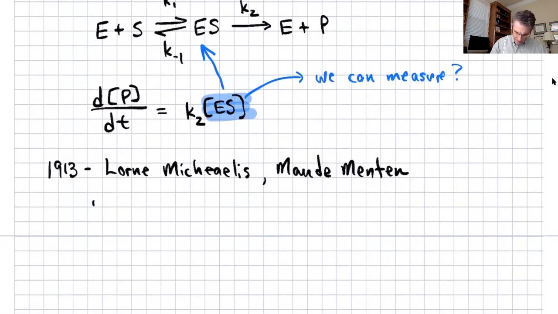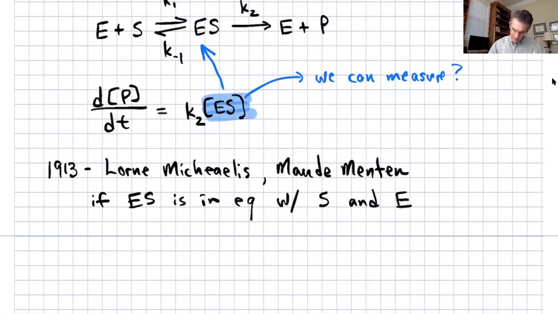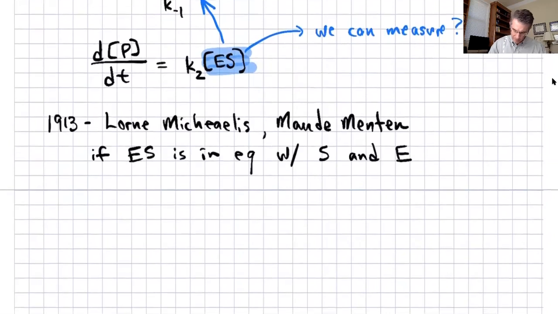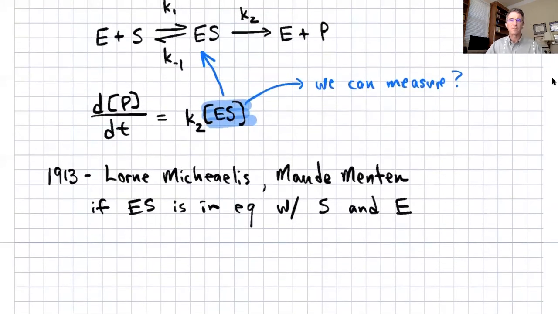If ES is in equilibrium with substrate and free enzyme, I could describe that part of the expression as a simple binding expression: the concentration of the enzyme times the concentration of the substrate divided by the concentration of the enzyme substrate complex.